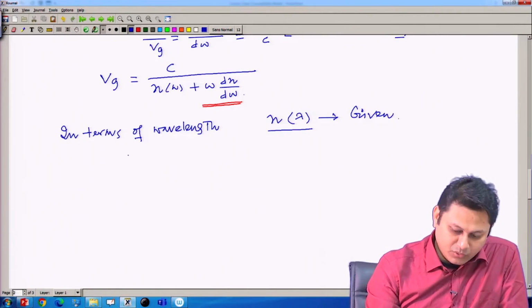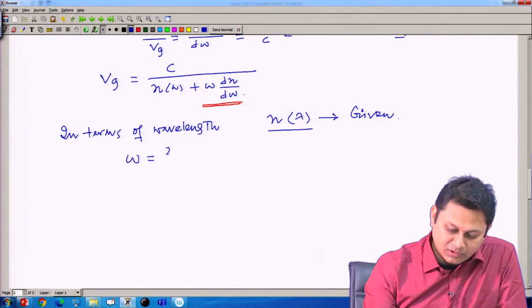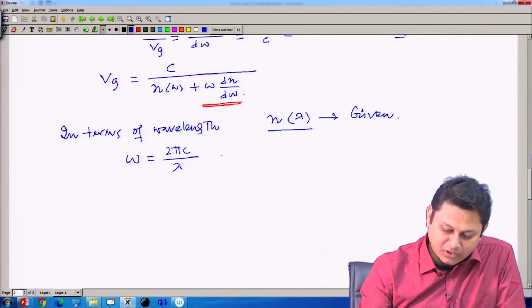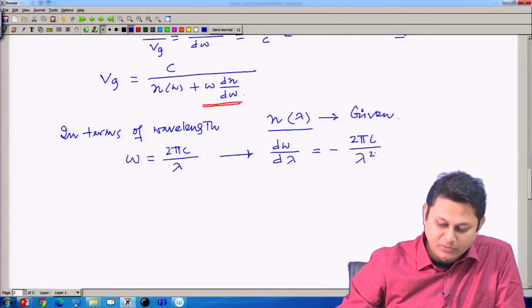So, in order to find the value of Vg in terms of lambda, we need to use the relation of omega and lambda. Omega is 2 pi c divided by lambda, which directly gives me the relation d omega d lambda as minus 2 pi c divided by lambda square. Just make a derivative with respect to lambda.